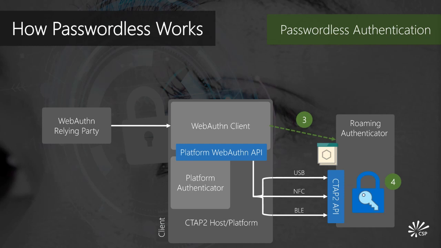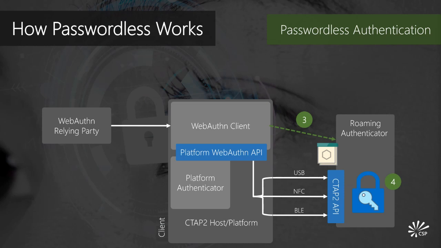As part of that nonce that was sent by the relying party, there's an attribute called the relying party ID. The authenticator looks at that relying party ID and says, I've got a credential stored on here that matches it. Because Azure AD required certain capabilities of the authenticator, one of those requirements is that you have to unlock the credential.